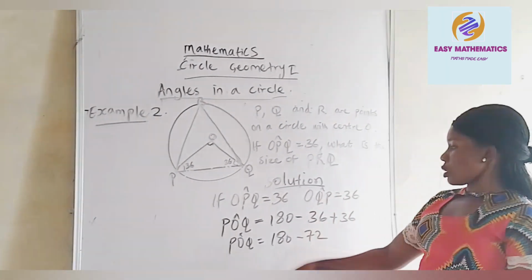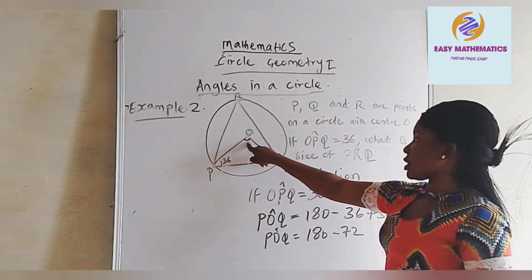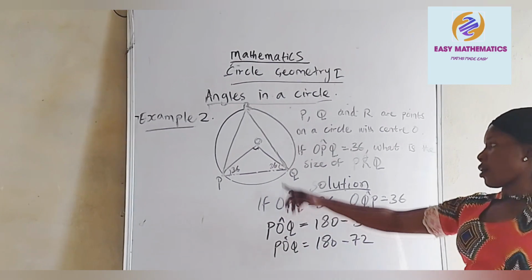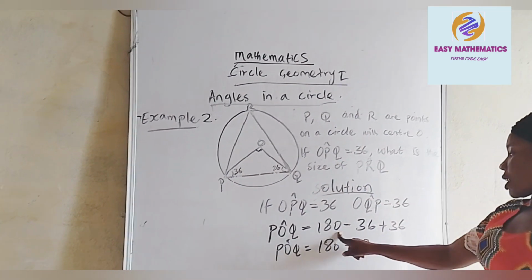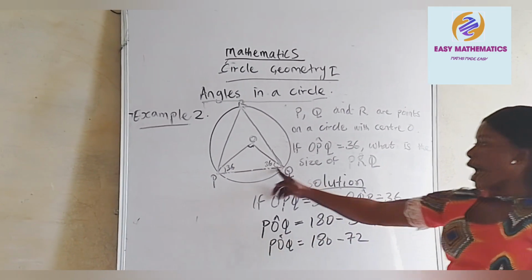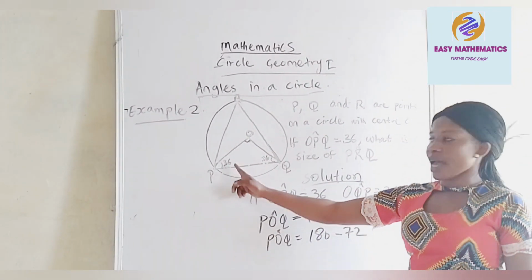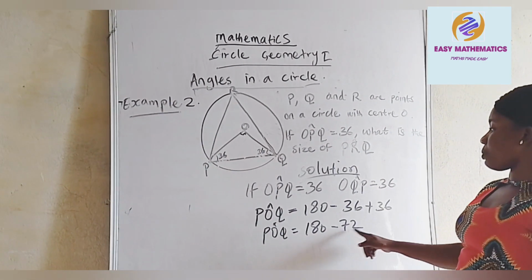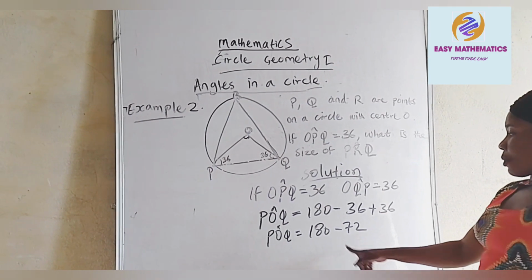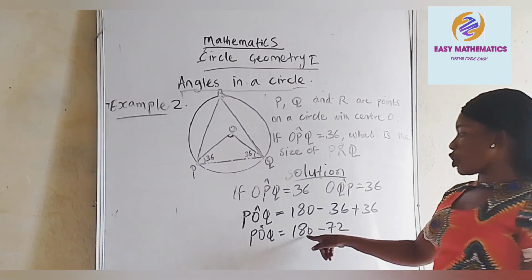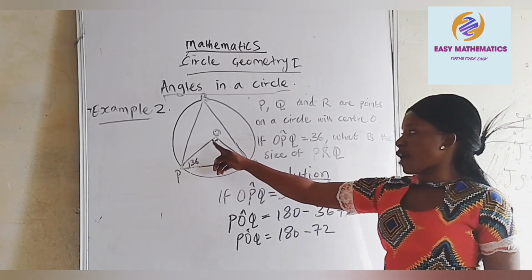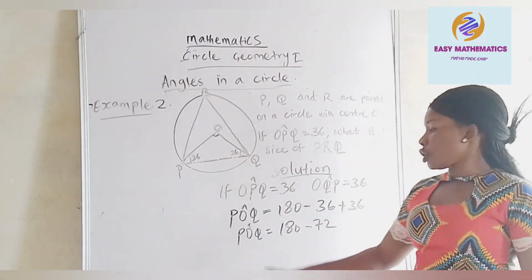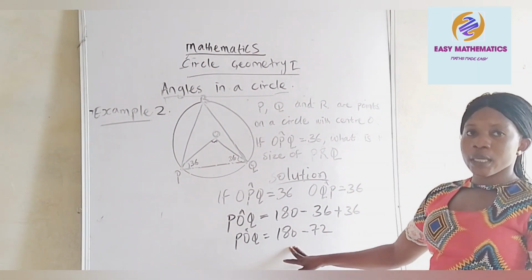So for us to get the angle at the center of the circle, we say the angle at the center of the circle is equal to 180 minus the angle in the base. That is these two angles here. So this will give us 180 minus 72. Remember, we got this 180 because the sum of angles in a triangle is equal to 180.